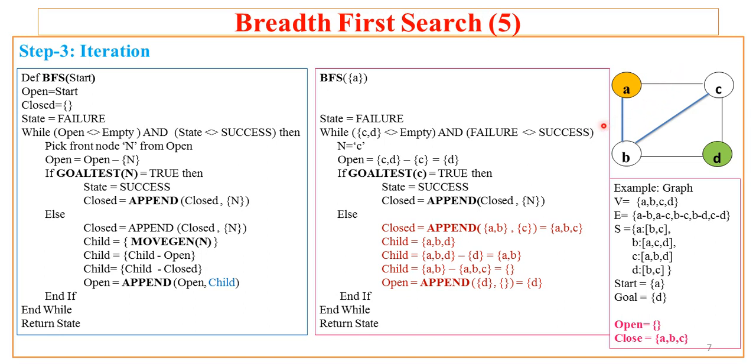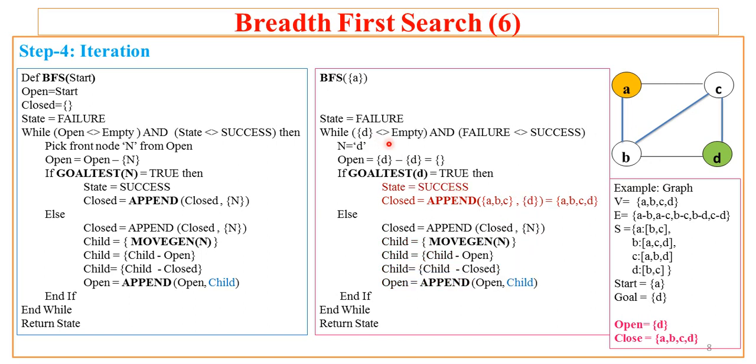At the first level it operates on the root, and at the next level it operates on the successors of the node A, that is the root, and at the next level it will be operating on the successors of B and C. So that we'll see in the next slide.